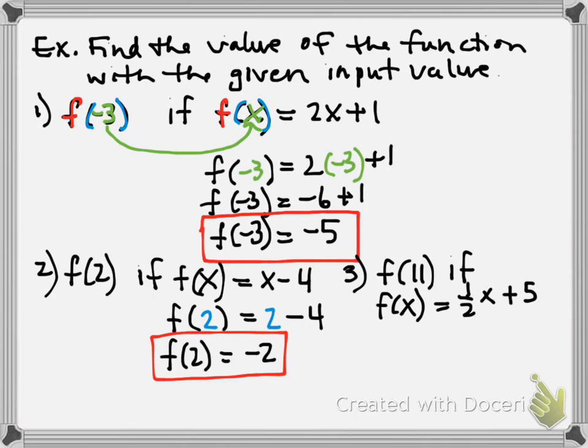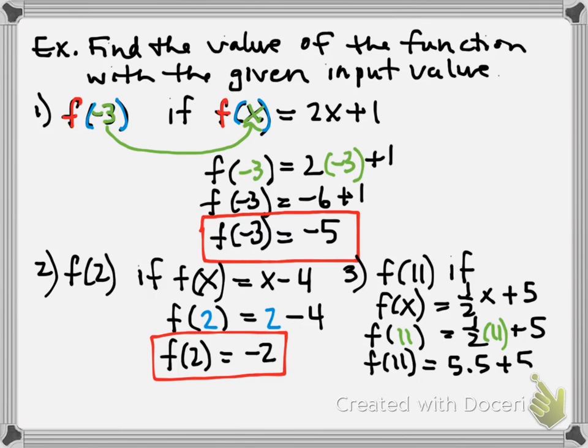All right, so all we're going to do is replace x with 11. So we get the function at 11 is equal to half of 11, which would be 5.5. Add 5 to that, and we get 10.5.